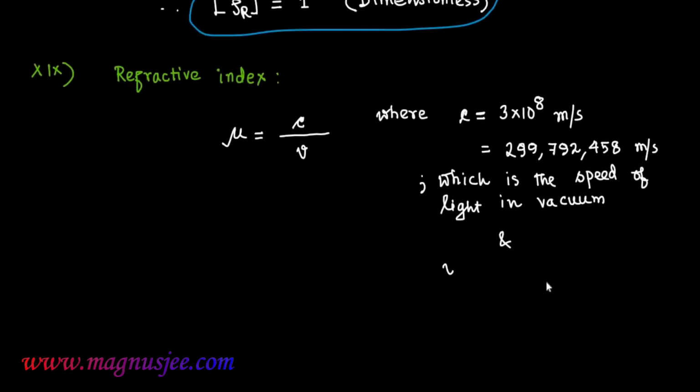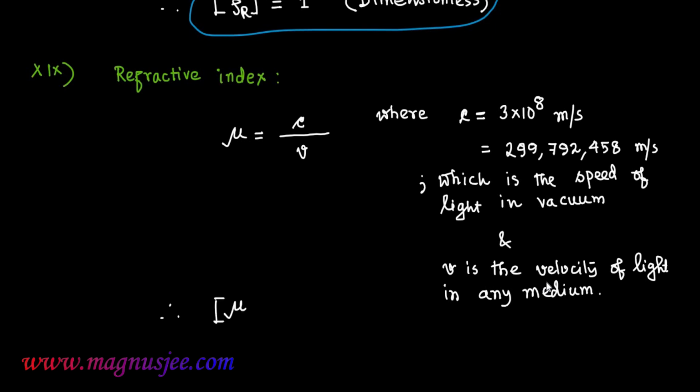And V is the speed or velocity of light in any medium or in a medium.